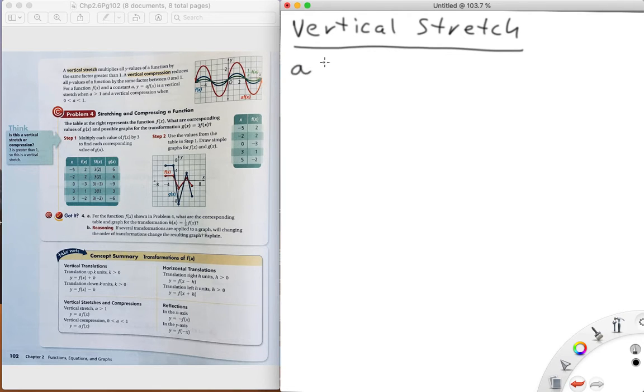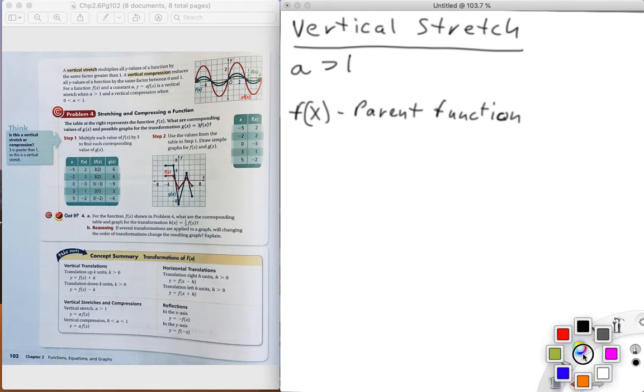So if a is greater than 1, then if my parent function is f of x, the transformation or the change would be a times f of x.